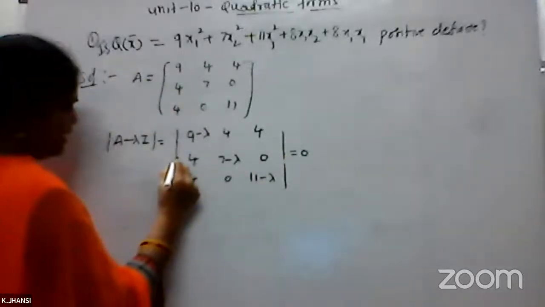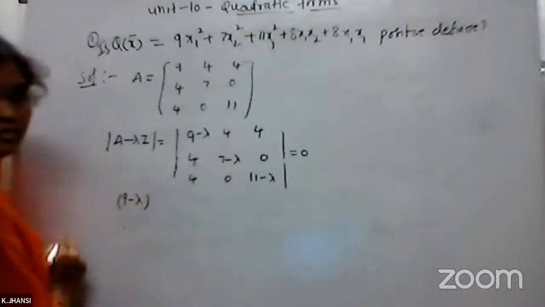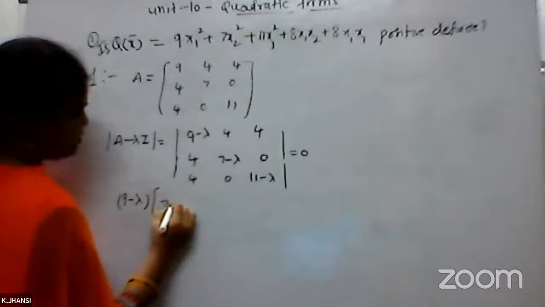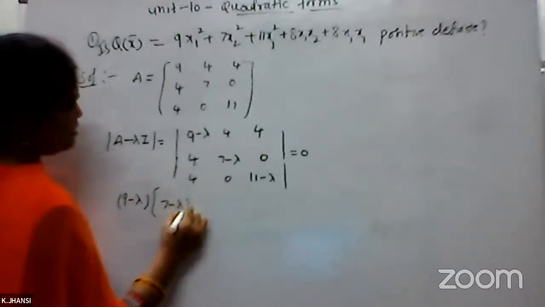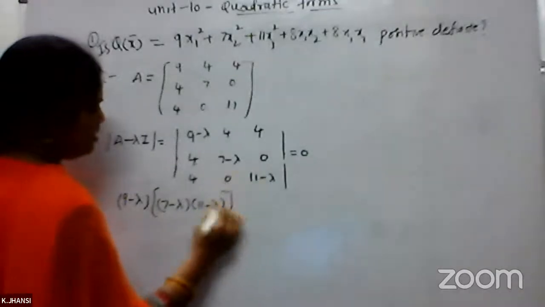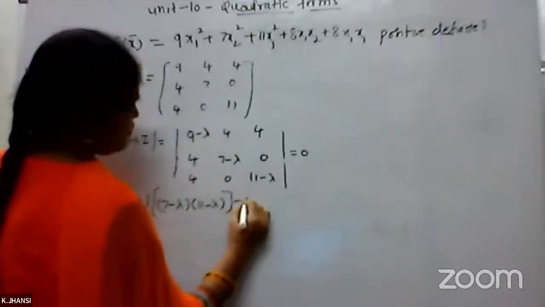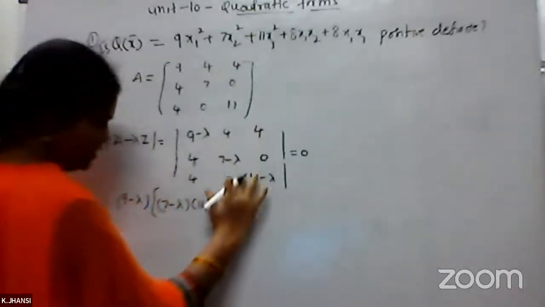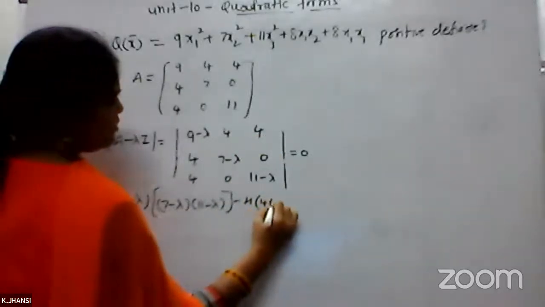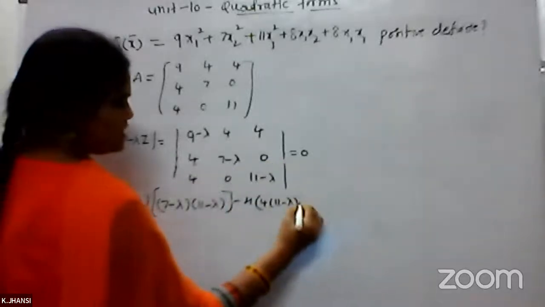Now when you find the determinant, you will get 9 minus lambda into 7 minus lambda into 11 minus lambda, then minus 4 into 4 into 11 minus lambda, and the other term is minus 0.